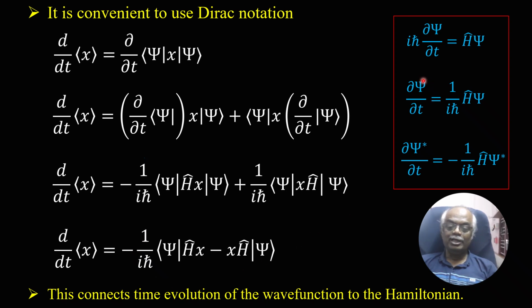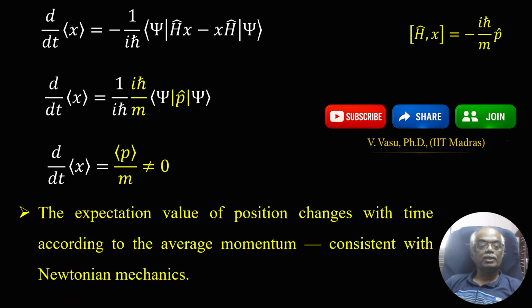Actually, this will connect the time evolution of the wave function. Now we will further simplify this. And now we got this expression. Remember that H x minus x H is nothing but the commutator of H with x.